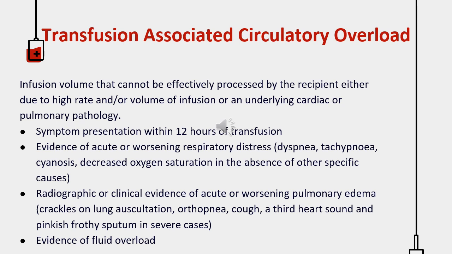It can occur within the time frame of transfusion if the transfusion is occurring too rapidly, and it can occur hours out after the transfusion. When we have onset of acute worsening respiratory distress, radiologic or clinical evidence of pulmonary edema, pulmonary effusion, evidence of circulatory overload, these things are of great concern.